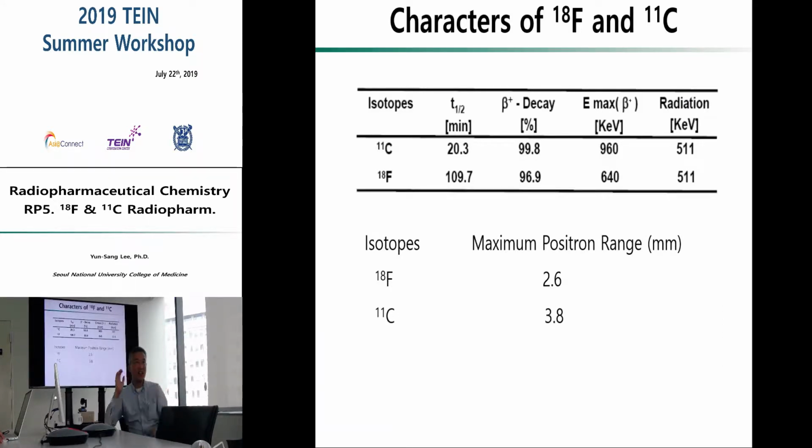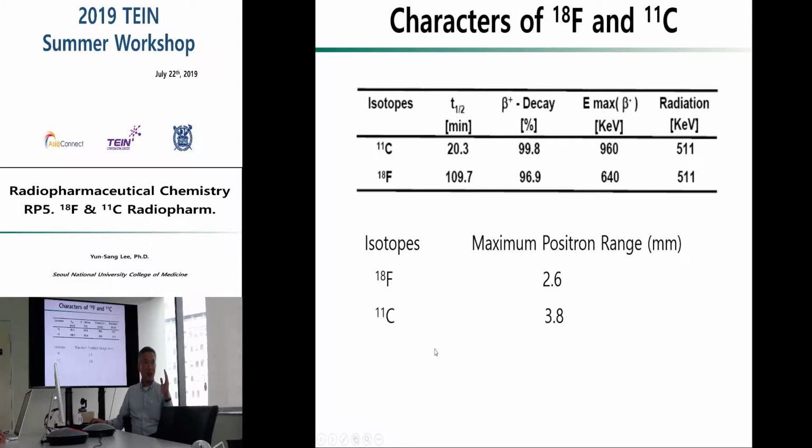Also, one more thing you have to keep in mind is that F18 and C11 have different positron ranges, because the kinetic energy of the positron of each radionuclide is different. In the case of F18, the positron range is shorter than C11. That range makes blurring in the PET image from C11.